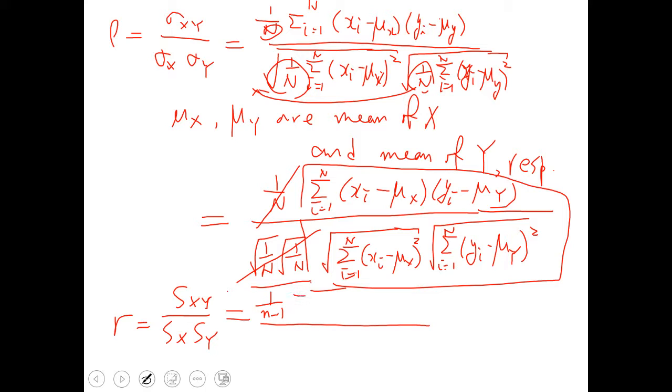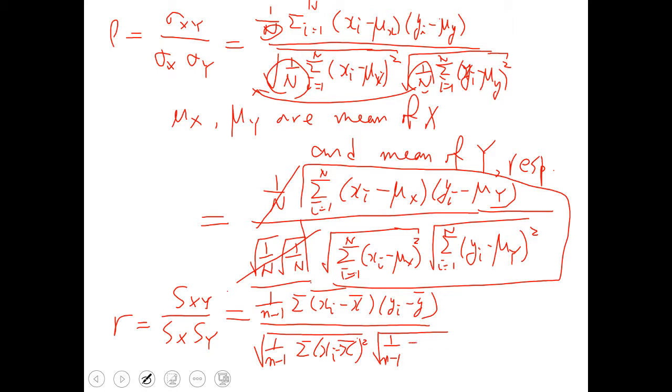So it is the summation of (xi minus x bar)(yi minus y bar), and the square root of 1 over n minus 1 summation of (xi minus x bar) squared, and the square root of 1 over n minus 1 summation of (yi minus y bar) squared. The n minus 1 terms cancel together, and then we obtain the same equation as we studied in the beginning of this lecture.